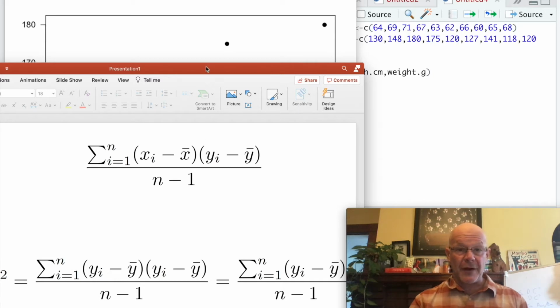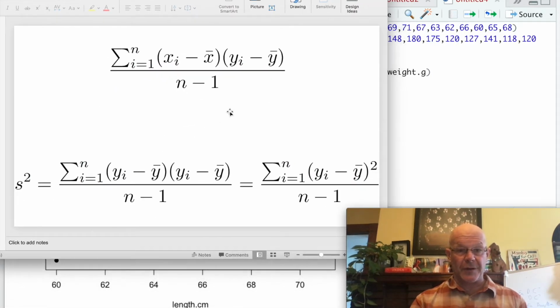Below there, I showed other ways that we could pull apart that math, but pretend for a moment that we weren't doing a bivariate thing. That's when this should look really familiar, because this is the same as this, which is the exact same as variance. So we can think about covariation as how things covary in a bivariate sense, with two different response variables measured from those individuals, whereas variance is simply how something covaries with itself.